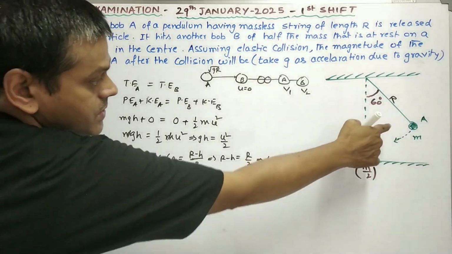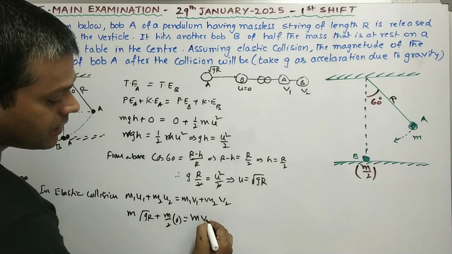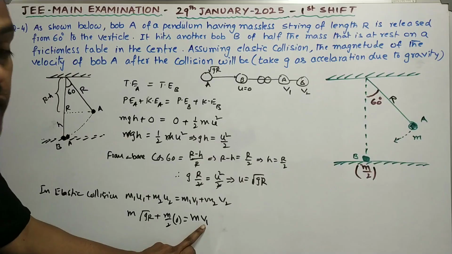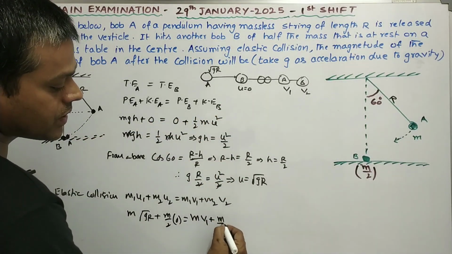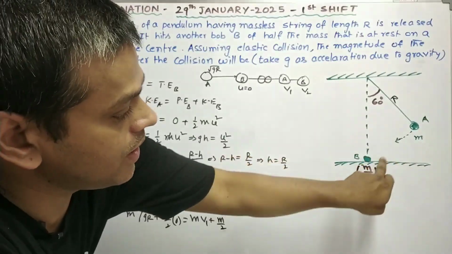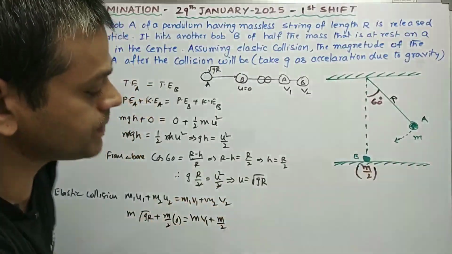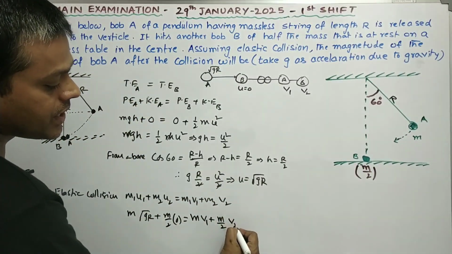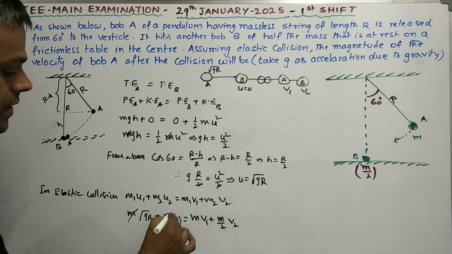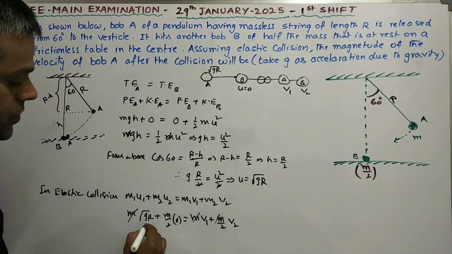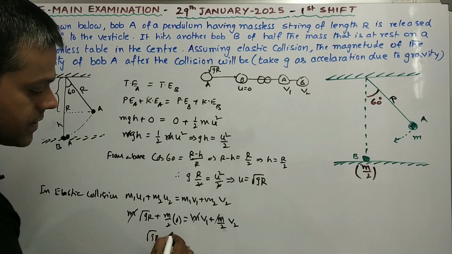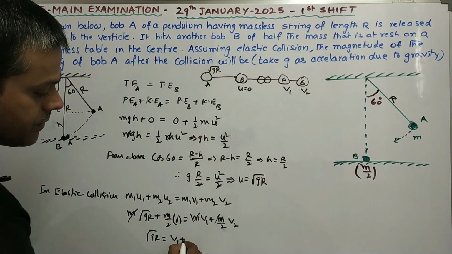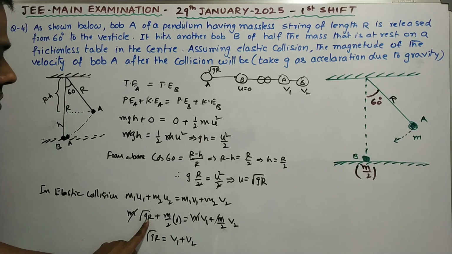m1 means the first bob, mass m, and after collision its velocity is v1. So plus m2, the mass of the second bob B, which is half of the first one, that means m by 2 into its velocity v2. So on both sides m is cancelled. So you get root gR is equal to v1 plus v2 by 2.